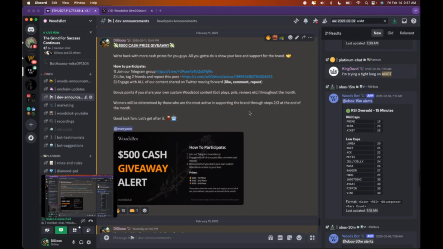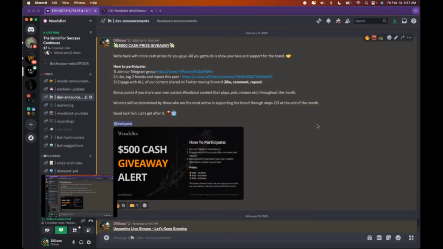My main goal is literally just to turn you guys into killers, no matter the market conditions, no matter your level of trading, no matter where you are in the world, what opportunities you may or may not have. You have this opportunity here with Woodsbot and this community and the bots that we offer to literally change your life.